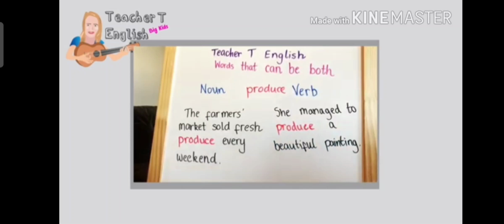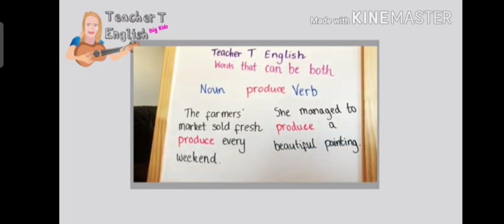So this is how we construct the sentences. We frame the sentences in noun as well as verb. See, we have taken only one specific word, produce, in both the sentences. In noun, we have taken the word produce, as well as in verb, we have considered the same word produce.